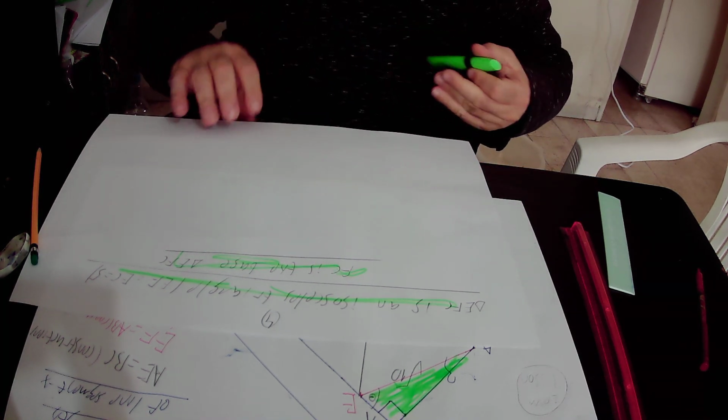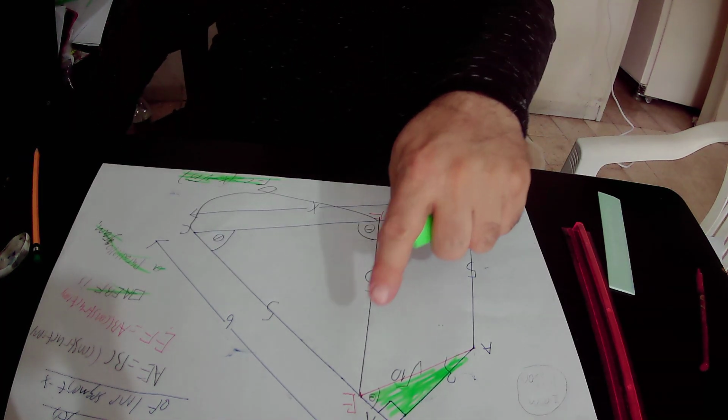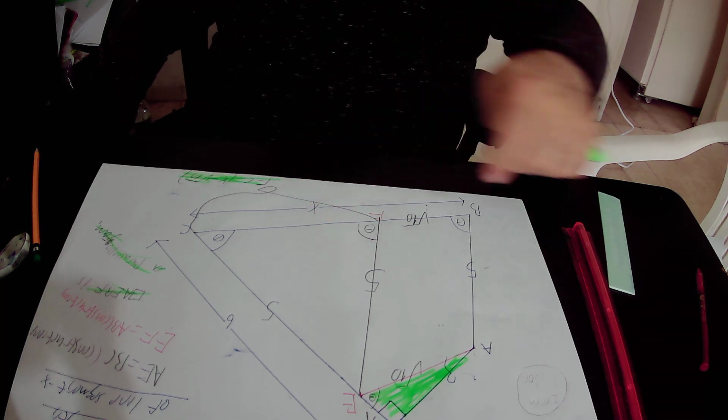Here we'll do a construction from the vertex E of triangle EFC. We will draw a perpendicular on the base FC.